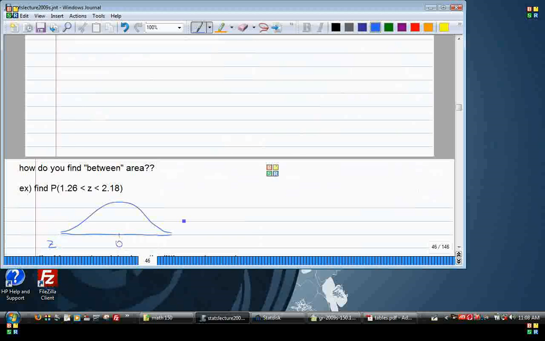Alright. What else should we label? What else should we mark on the picture? Absolutely. So here is 1.26 and here is 2.18. And what else should I mark on the picture? Well, what are we trying to find?